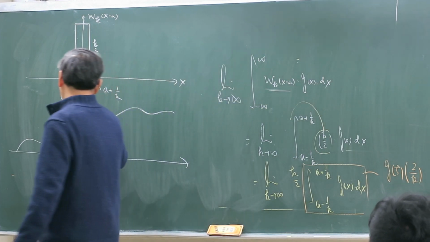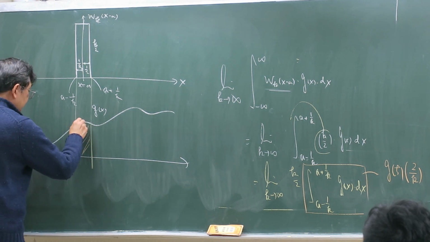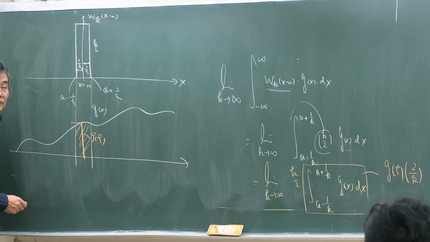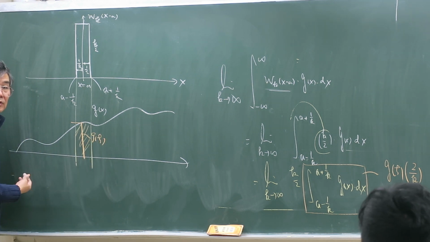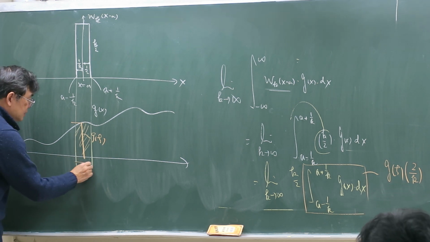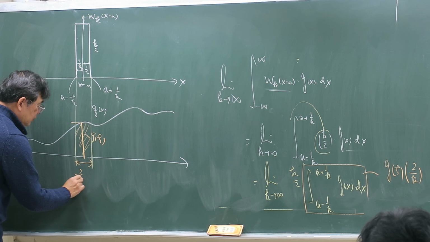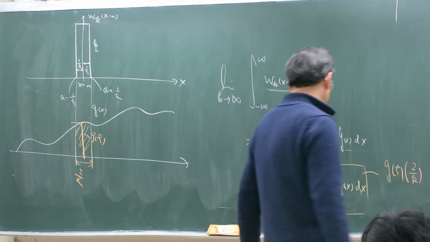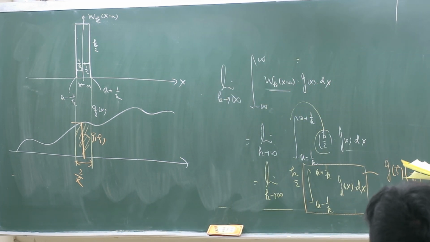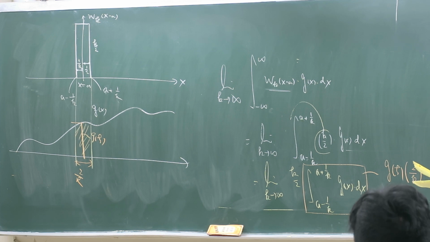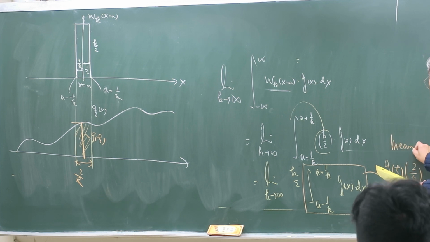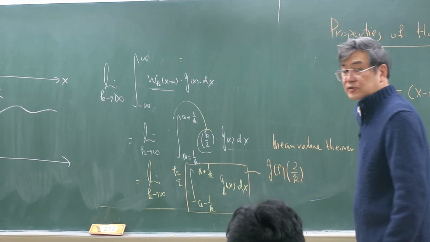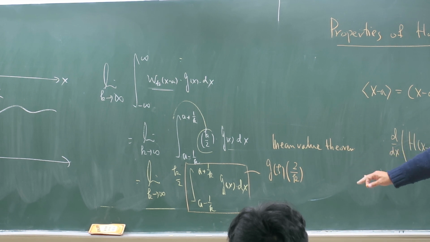So this area can be written as some value g(c), because c is between this range, and this domain is 2 over k. So this is the mean value theorem. In calculus, you have learned this, right? Mean value theorem, calculus. Yeah.